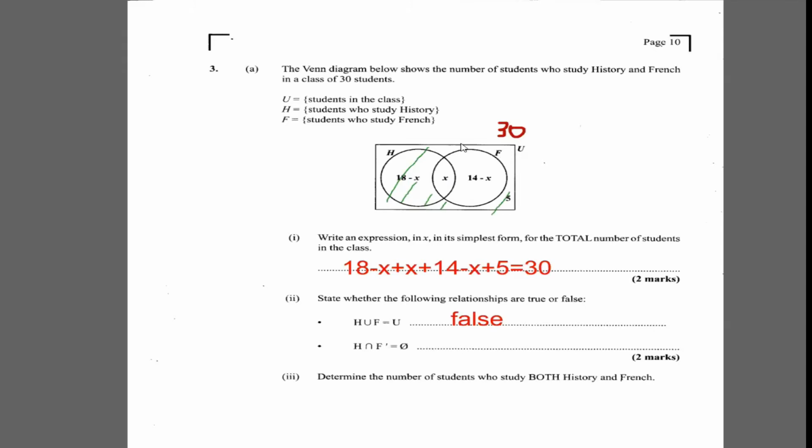All of this that I'm shading would represent F prime, or F complement. Now F complement intersect H is H, and so being a null set is also false. This is definitely false.